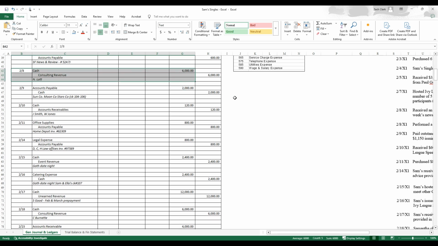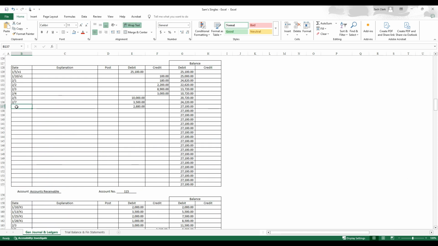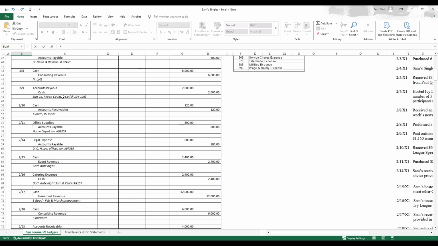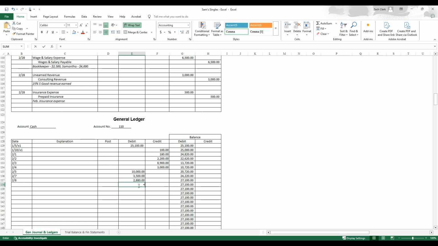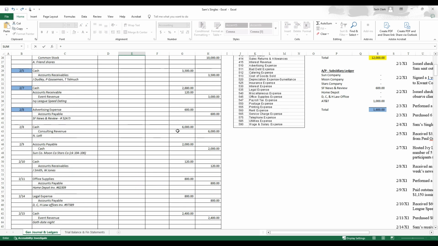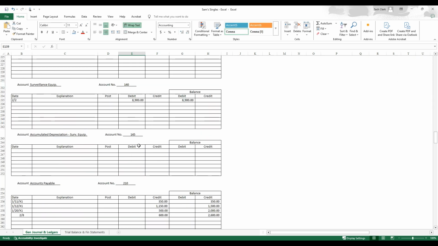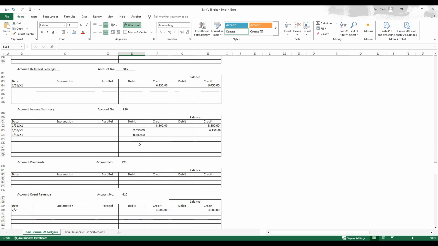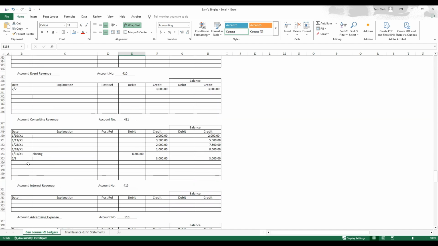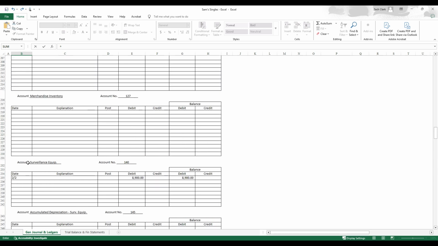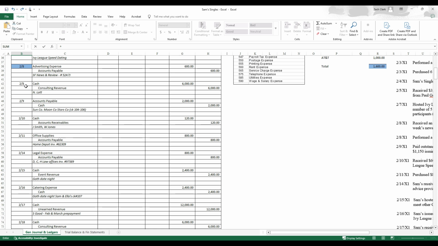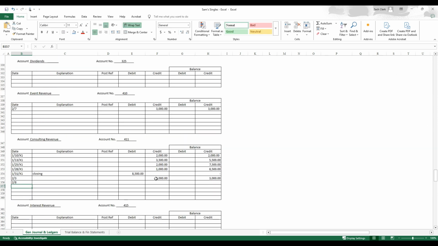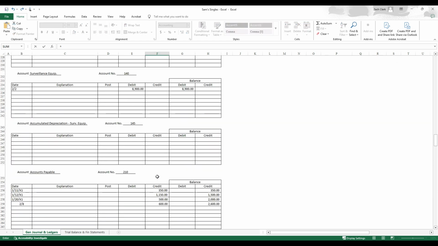Okay, so now we got cash and consulting revenue coming in. And cash is going up with the debit. And let's go find our revenue account. Consulting revenue. And 6,000 credit.